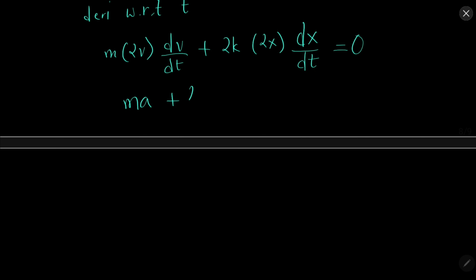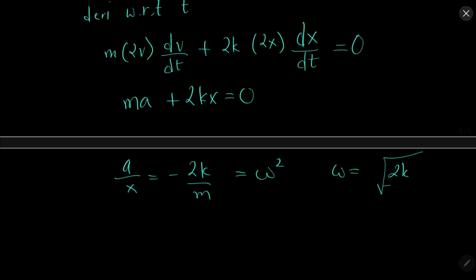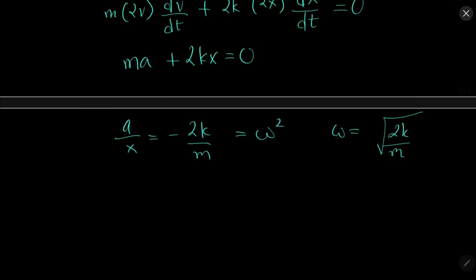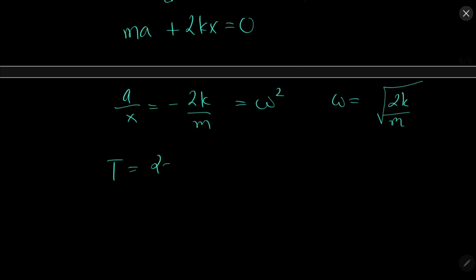So ma plus 2kx equal to 0. So a by x will be minus 2k over m, which is omega square. So omega will be root 2k over m. This is what we get. Time period will be 2 pi root m over 2k.